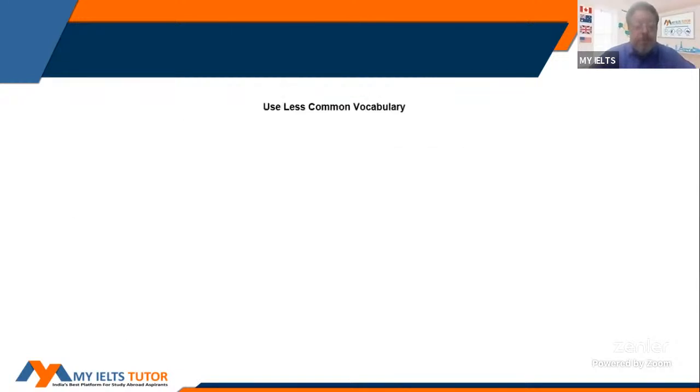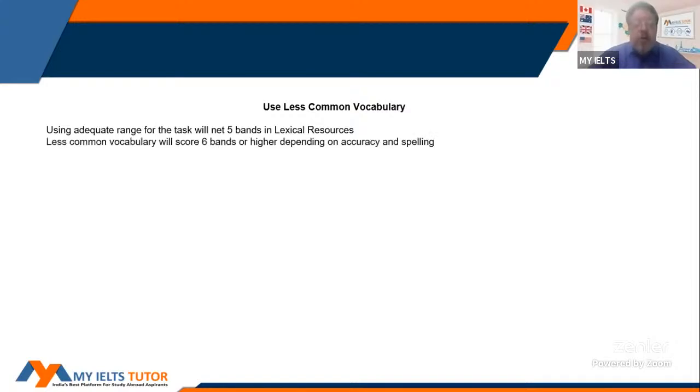All right. Now, using less common vocabulary, using academic, using an adequate range for the task will net you 5 bands in lexical resources. However, you want to use less common vocabulary because this will allow you to score 6 and higher.